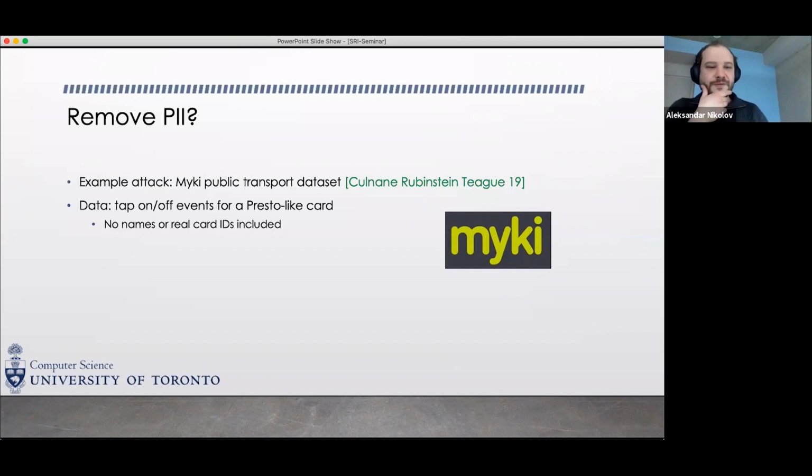Okay, so what is the setting here? What happened? The state government in the state of Victoria in Australia released a data set about a travel card. What I mean by travel card is something like our Presto card. The card is called Myki. It's a travel card that can be used in the state of Victoria, and it allows you to get on and off different kinds of public transit.